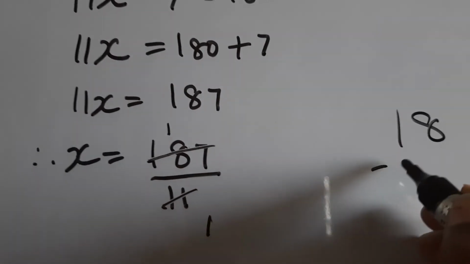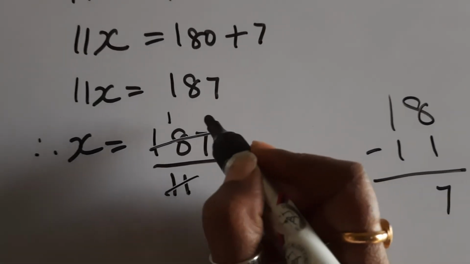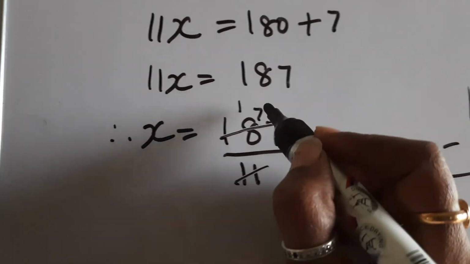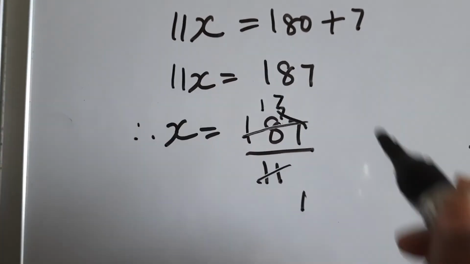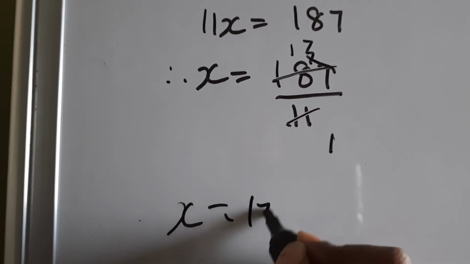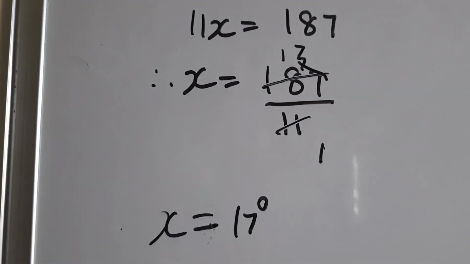Look, 18 minus 11. How much is left? 7. Now that 7 we will carry over this, so it will become 77. So 11 sevens are 77. So how much did we get? X is equal to 17 degree.